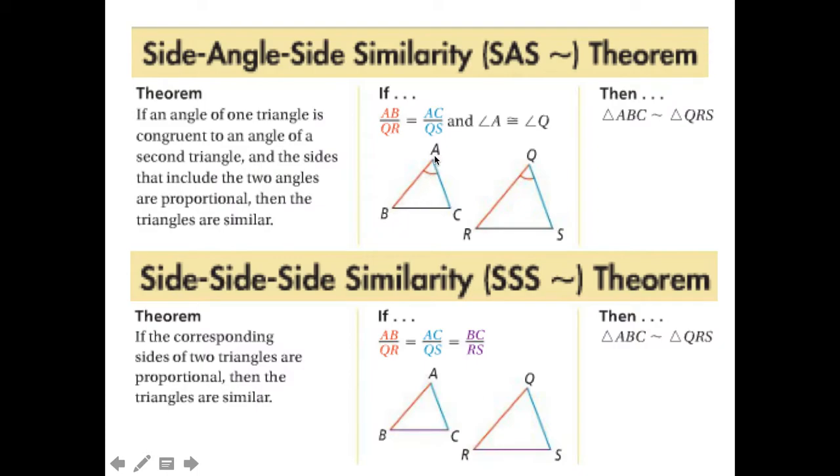For this small triangle, side AB should be proportional to QR, and side AC should be proportional to QS. And if both angles are the same, we can state they're similar.